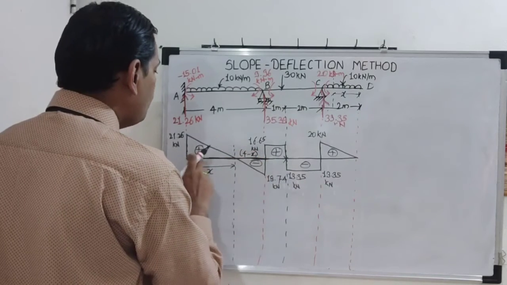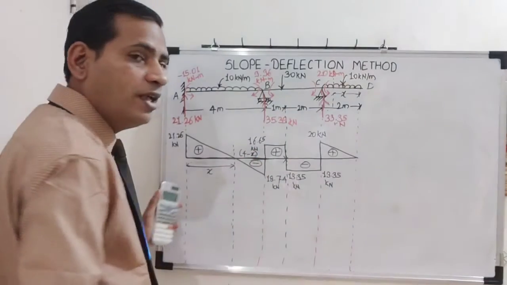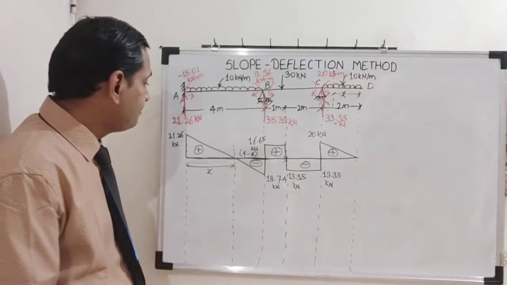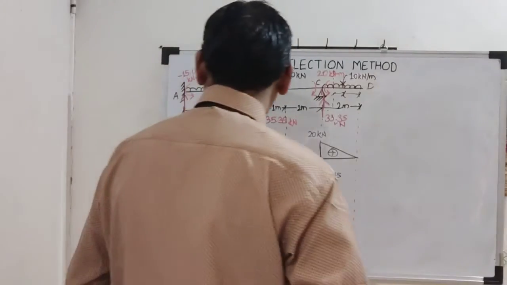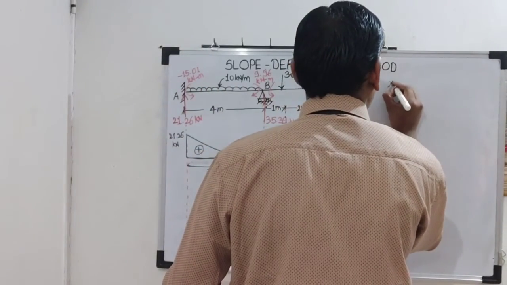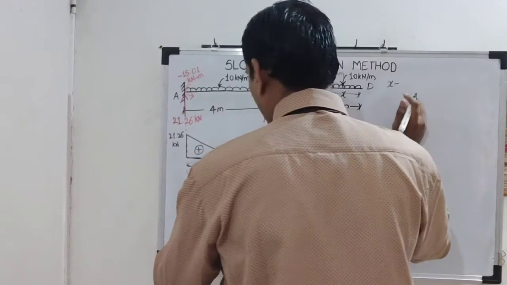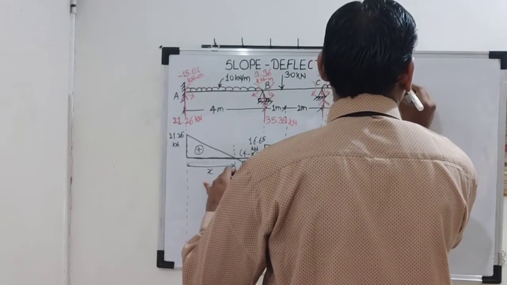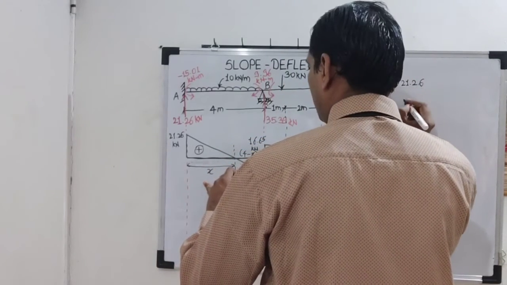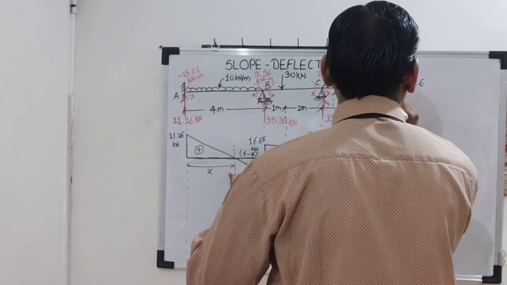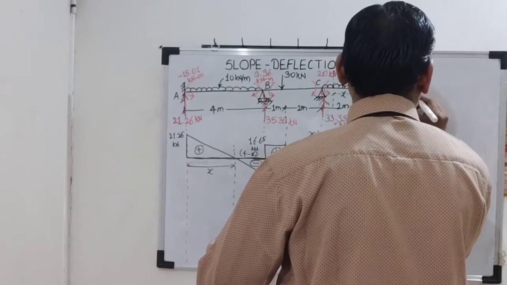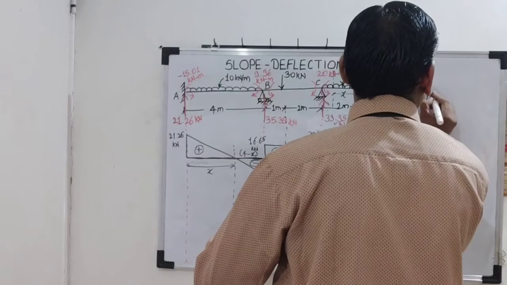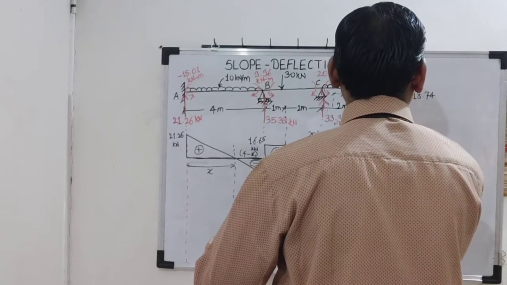And we will make use of these two triangles, and from similarity of triangles we will find out the x distance first. When x is the distance from this origin, how much is the ordinate? 21.26. And from the same origin, when 4 minus x is the distance, how much is the value? 18.74. Neglect plus and minus.